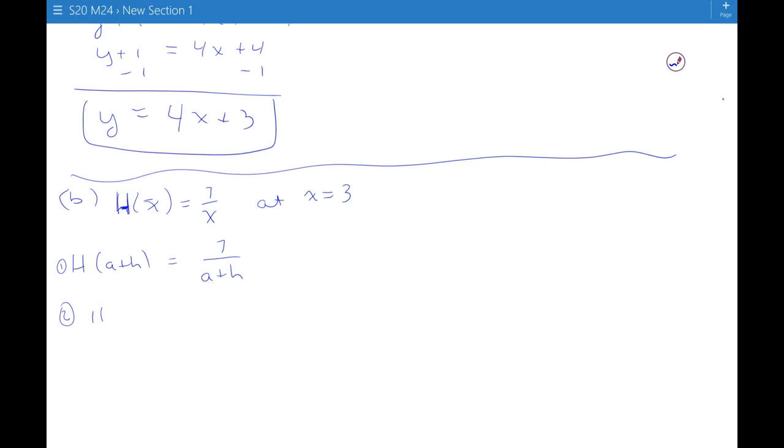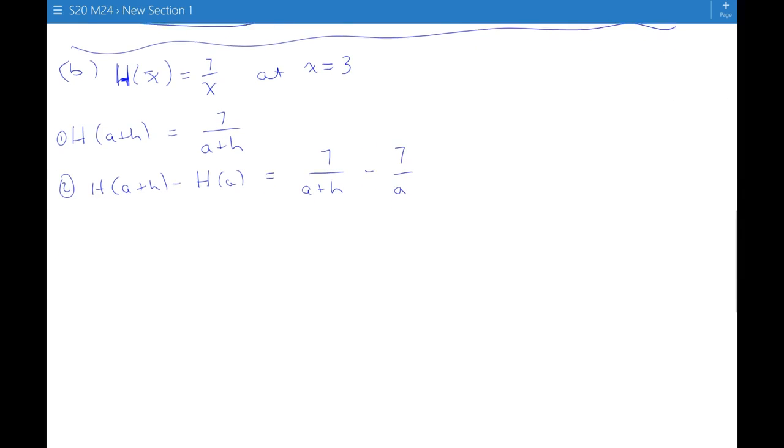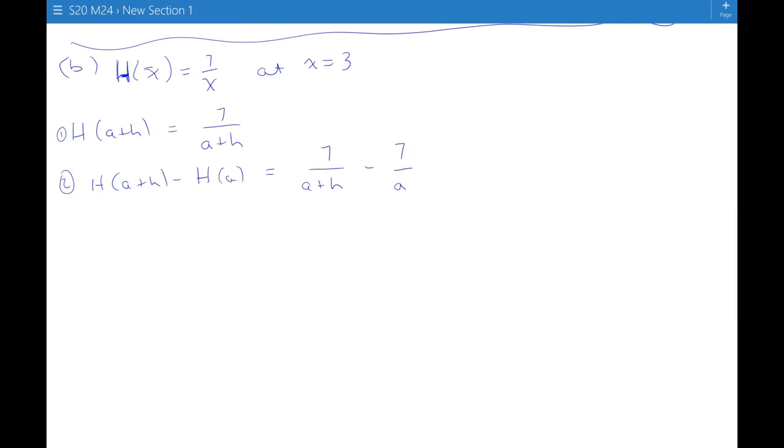Then step 2 is subtract your function evaluated at a. And here's what's tough about these is you have to get a common denominator. So the common denominator is going to be a times a plus h.